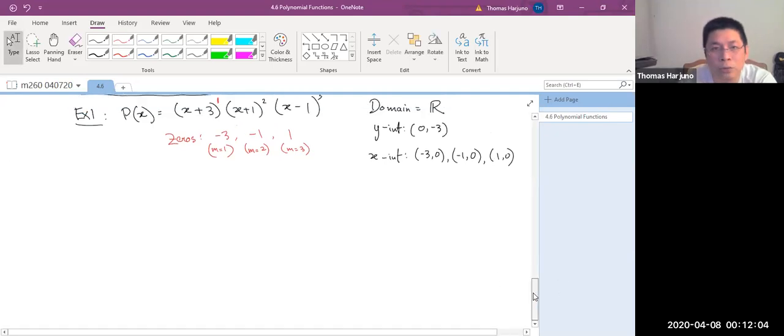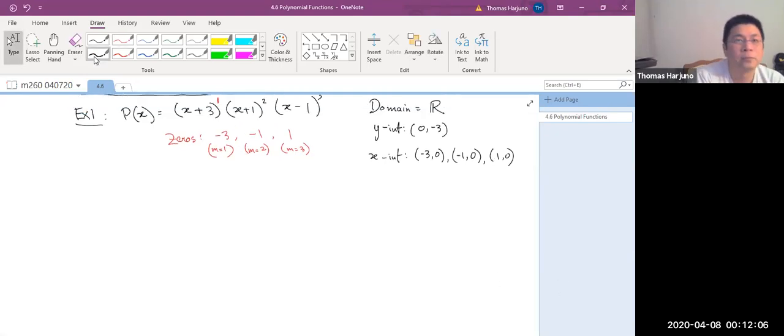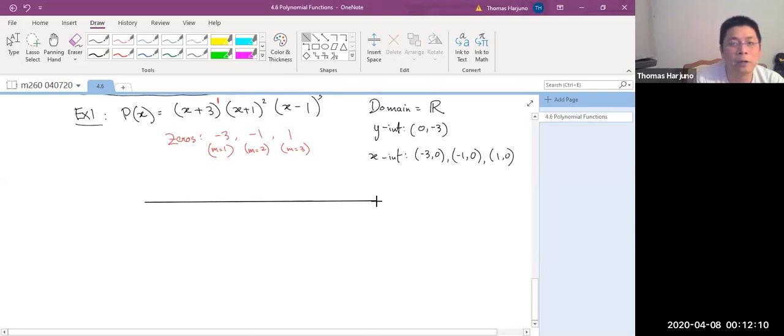Let me ask you to do the sign graph. Let's say I have a number line here, and then I have -3, -1, and 1. Those are the zeros, so don't forget this. When x equals -3, y is 0. When x equals -1, y is 0.